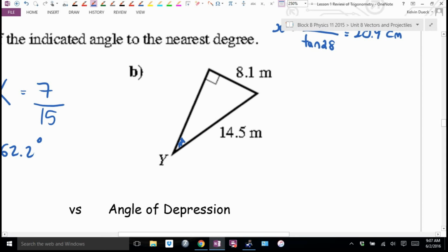Is that 8.1 opposite, adjacent, or hypotenuse? Is that 14.5 adjacent or hypotenuse? Not adjacent? Oh, you're right.